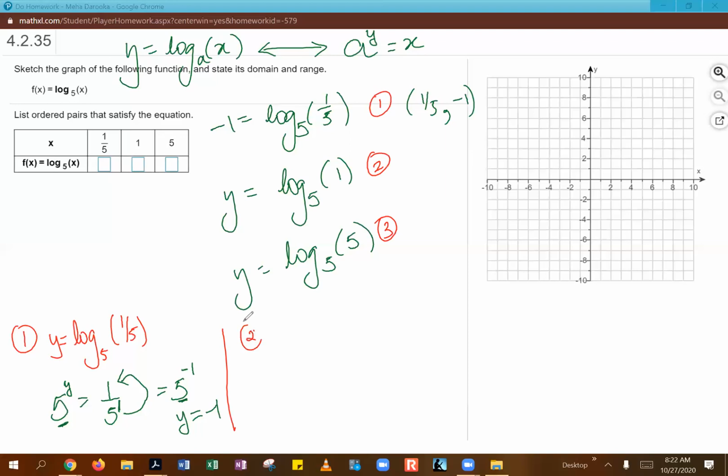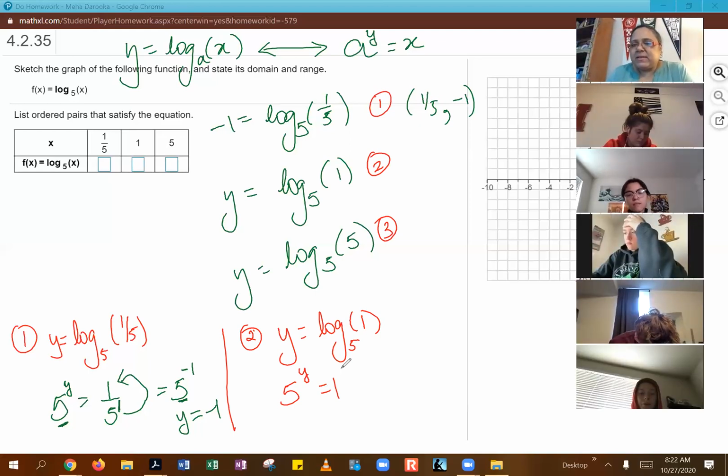So if we did the second one, we are given y equals log of 1 with base 5. So again, converting this into exponential notation, you will have 5 to the exponent of y equals 1. Now think about this. When do you get the answer of 1? What does the exponent have to be for our answer to equal 1?